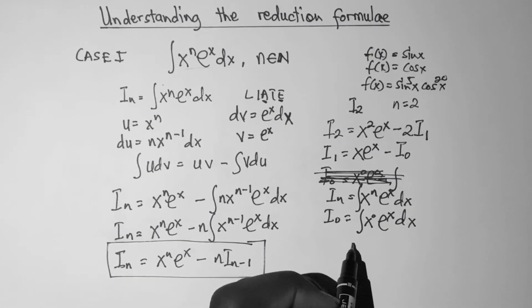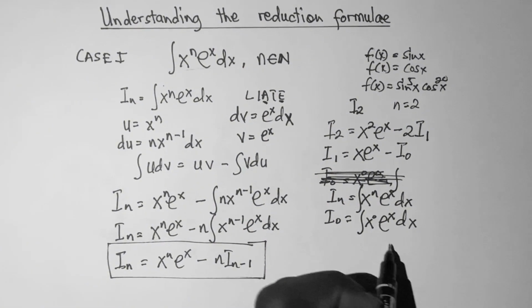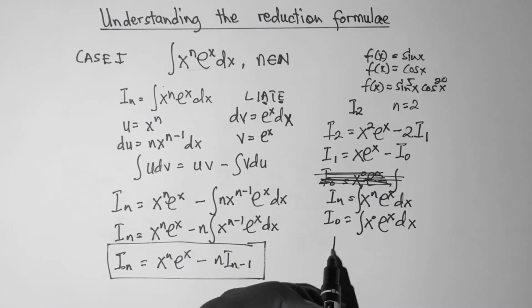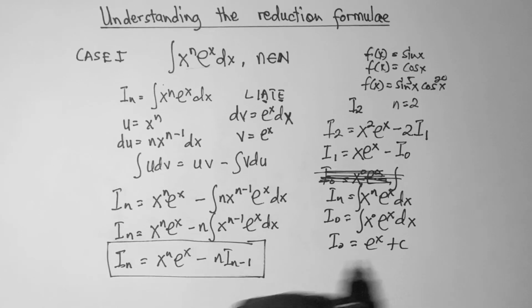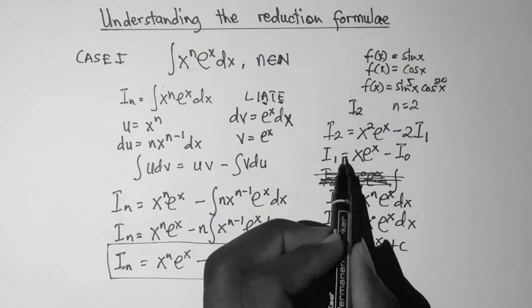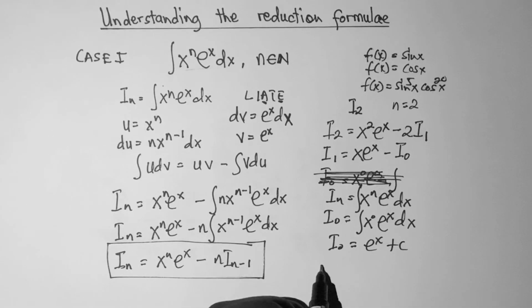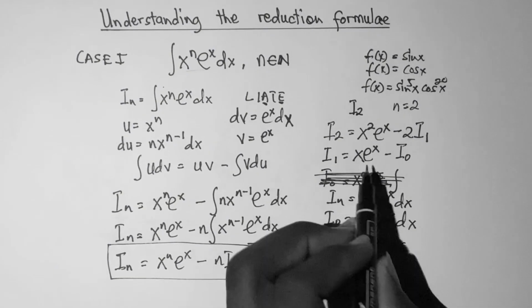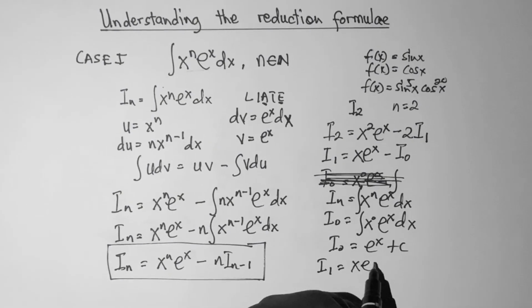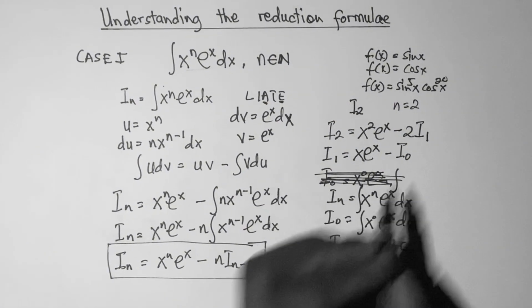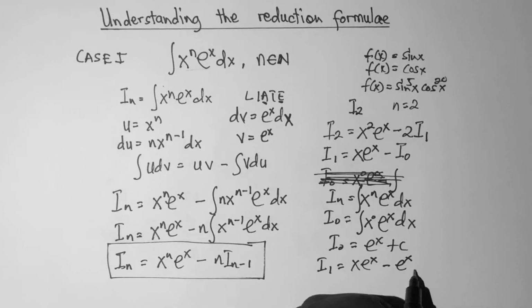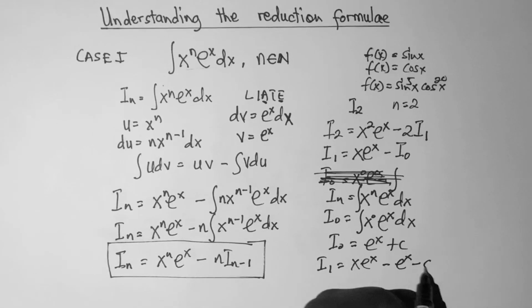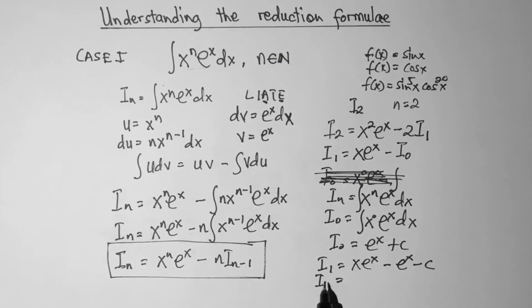Now x exponent 0 is 1, so the integral of exponent x becomes exponent x, and therefore I of 0 is equal to exponent x plus c. However, we know that I of 1 is equal to x exponent x minus I of 0, and I of 0 is exponent x, then minus c. So we found I of 1.